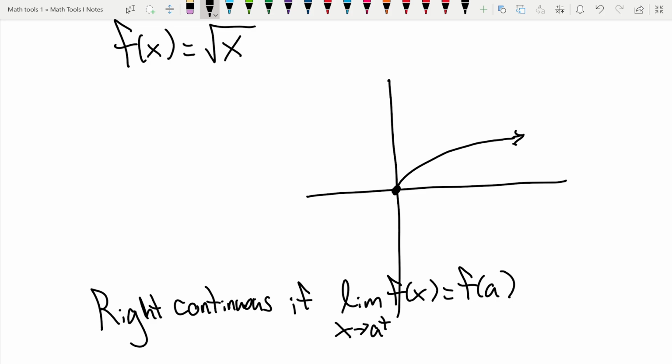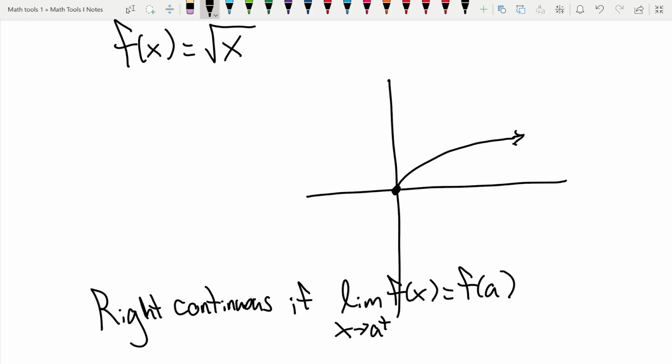And then similarly for left continuous, if the limit as x approaches a from the left of f of x equals f of a. And we can say a function is continuous at a if it is both right continuous and left continuous. Okay. So we do have this notion of right and left continuity.